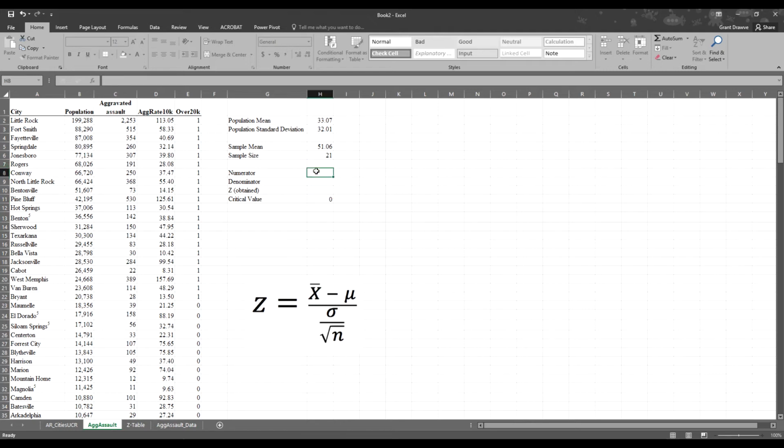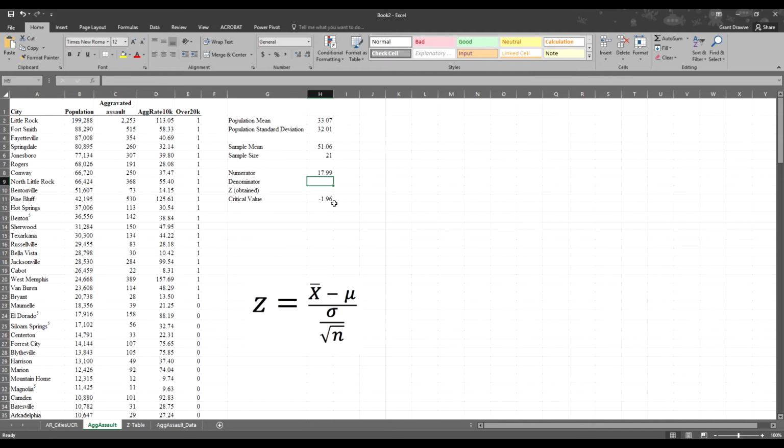So let's get to calculating. The numerator for the one sample z test is the sample mean, so 51.06. Subtract the population mean from that, 17.99. Our denominator, also known as the standard error of the mean, we're going to take our population standard deviation and divide by the square root of the sample size.